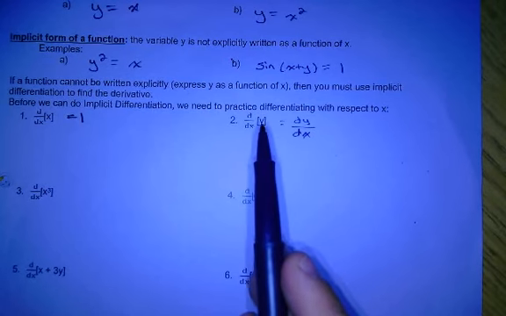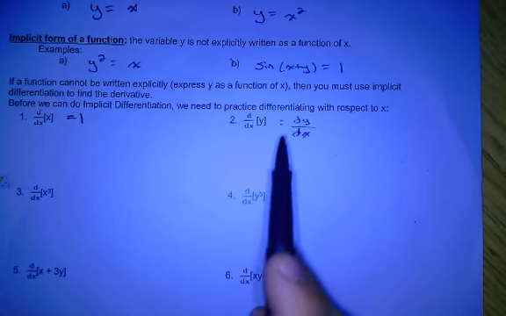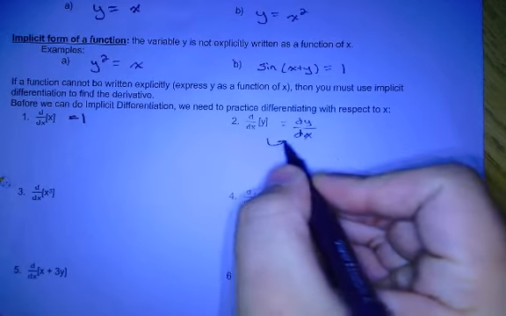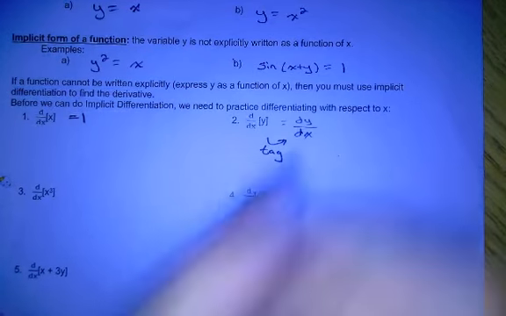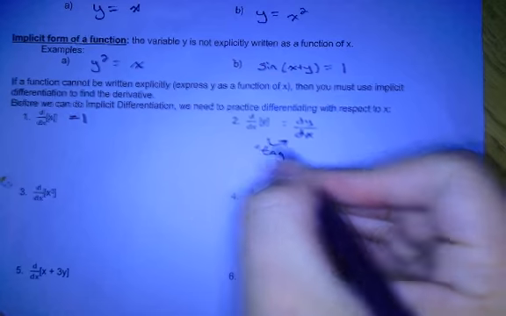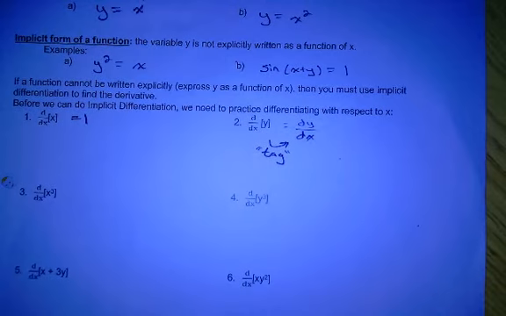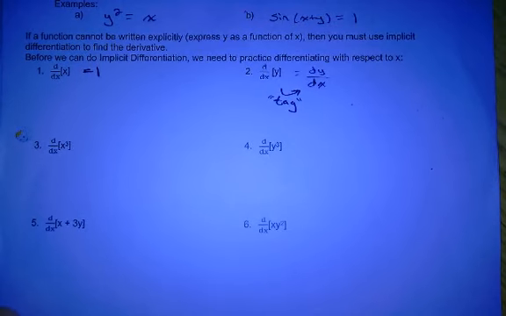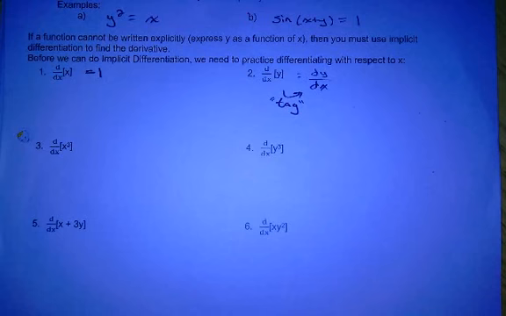So every time you write down a y, or take a derivative of a y, we call this tagging. You're going to tag every time you take the derivative of a y with dy dx. Okay? Let's just move on down to 4. I don't know why 3's there. So what's the derivative of y cubed? Well, if this was x cubed, how would you do it?